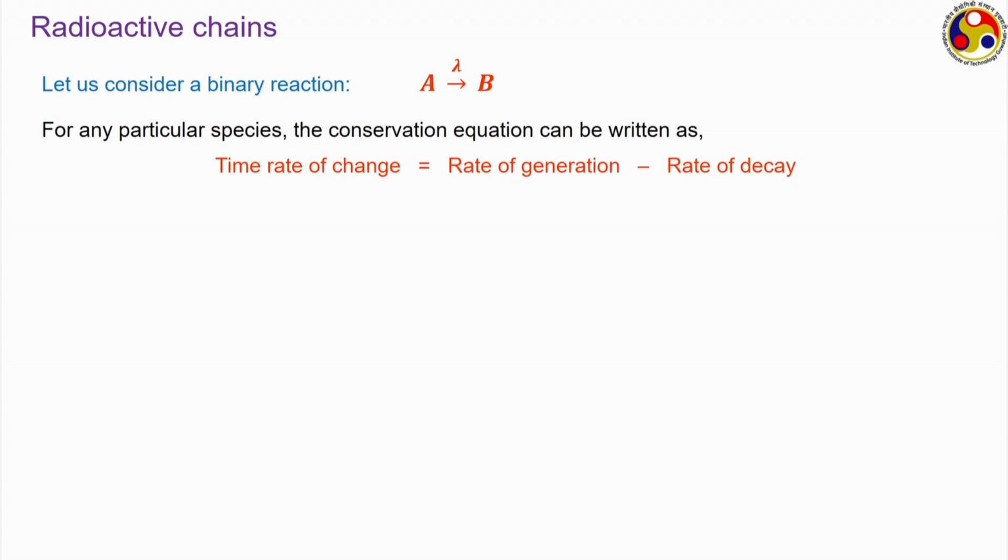Now, for any particular species, the conservation equation can be written as the time rate of change is equal to the rate of generation minus the rate of decay. It is a very straightforward balance equation. So, for the species A, its time rate of change, that is dN_A/dt, is equal to, there is no source for A, so the rate of generation is 0, and the rate of decay, as per the principle that we have studied earlier, is proportional to the number of nuclei of A itself, and so can be given as lambda into N_A.